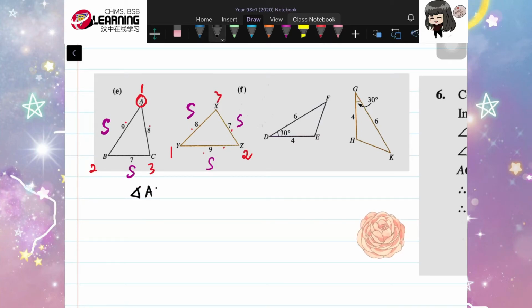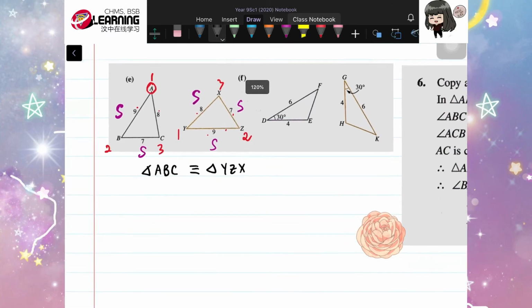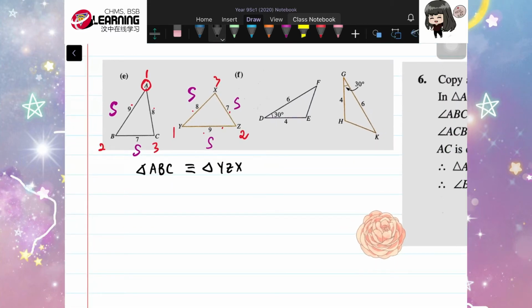So we can say that triangle ABC is congruent with triangle YZX. If your numbering starts from C, let's say CBA, so it's 3, 2, 1, yours must also be 3, 2, 1, which is XZY. As long as it's in order, we accept the answer.